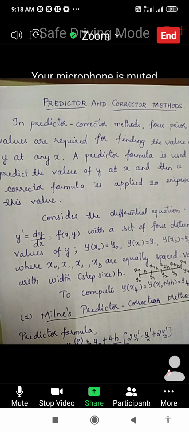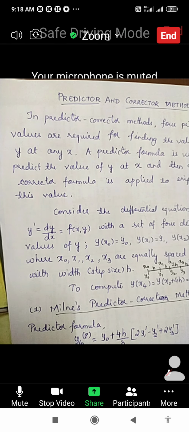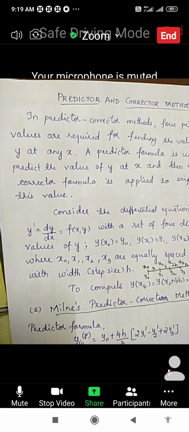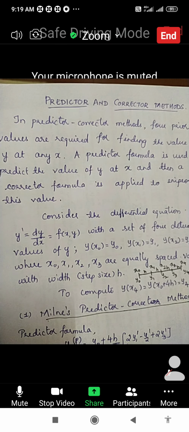What is the predictor formula? y4 to the power bracket p, which can be referred to as the predicted value of y4, because what we have to ultimately calculate here is y4. The formula is y0 plus 4h by 3 into bracket 2 y1 dash minus y2 dash plus 2 y3 dash.